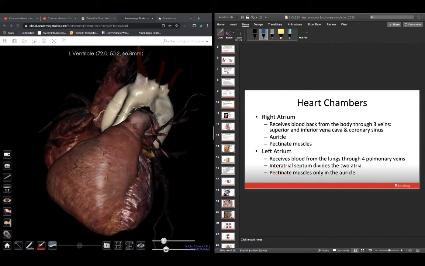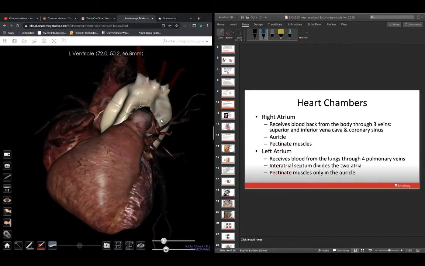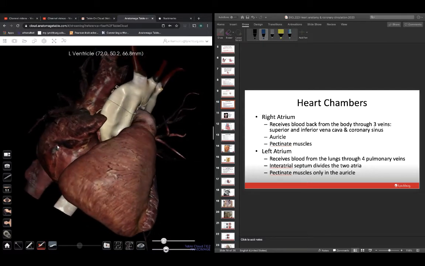Okay, so I've pulled up the high-resolution heart image from the Anatomosh table so that we can look at some of these structures using these images. So we've talked about how there's 4 chambers of the heart, and we can see on this image a right atrium with the right auricle protruding superiorly from that right atrium.